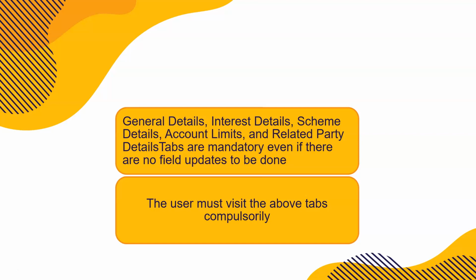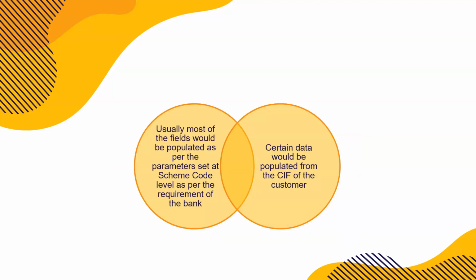So the user has to visit all these tabs, and the verifier also has to visit these tabs here. Usually most of the fields would be populated as per the parameters set at scheme code, at the central level, at the server level. So don't tinker with any field of your own.